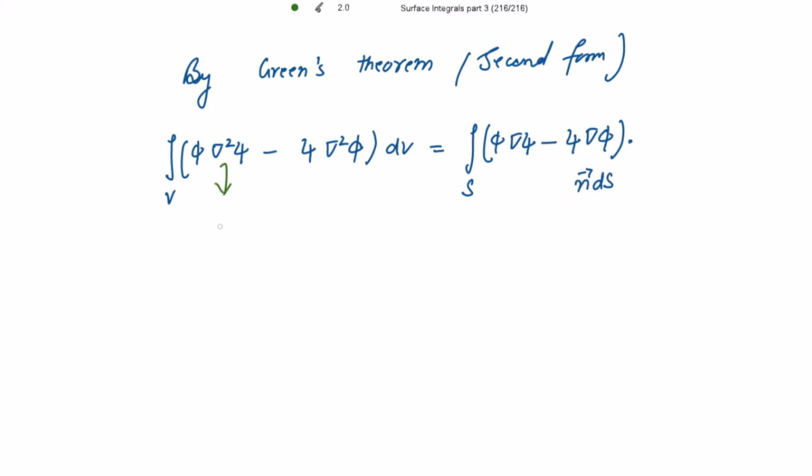Now this del square xi is 0, right? So we are getting the volume integral of negative xi del square phi dv. This is equal to the surface integral of phi into del xi. What is del xi?